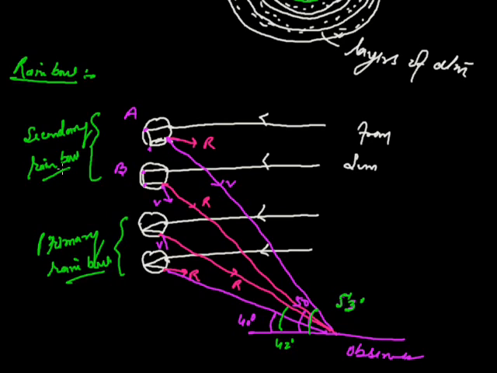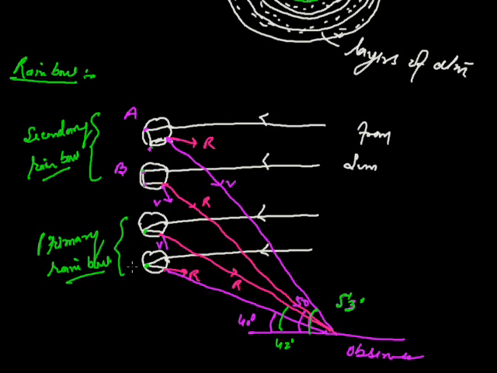Inside the drops, total internal reflection does not take place, only partial internal reflection. During internal reflection, some energy is absorbed. In drops A and B, energy is absorbed two times, at this point and this point. So the intensity of the secondary rainbow will be less in comparison to the primary rainbow, because in the primary the internal reflection takes place only a single time in a drop, so energy is absorbed but less.